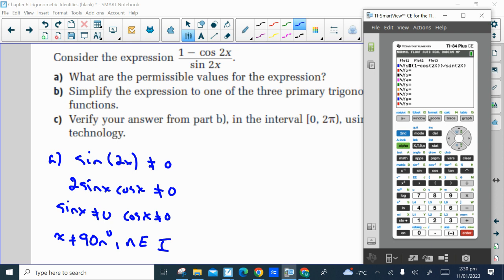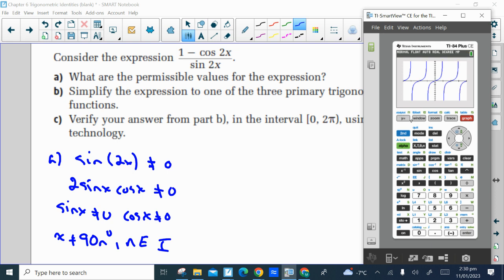So if I'm going to graph this in degree mode, I'll change that to degrees. And my windows will need to reflect that. So if I go from negative 360 to positive 360 degrees with a scale of 90, and for my y values, I'm not sure what they should be, so I'll leave them between negative 10 and positive 10.